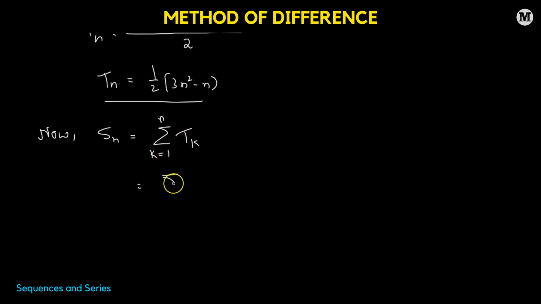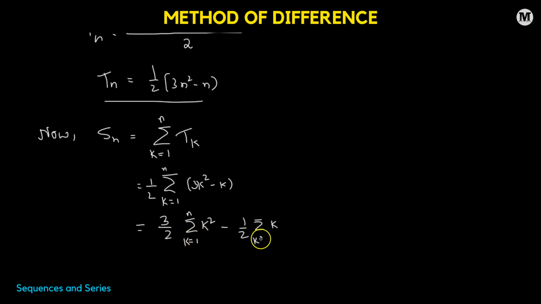In other words, we have summation of 1/2 times (3k squared minus k), where k runs from 1 to n. This is going to now give us 3/2 multiplied to summation k squared minus 1/2 times summation k, with k going from 1 to n.